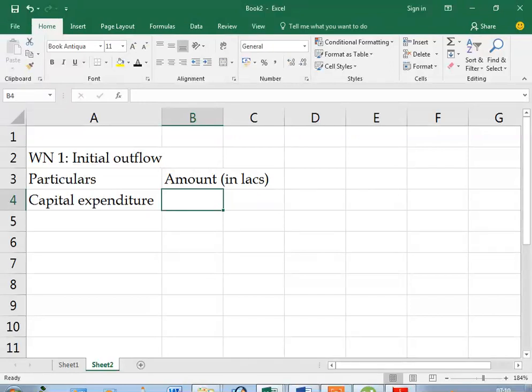How much is the capital expenditure? 120, no? That is third year, so you cannot write it in year 0. That's a third year cash flow, so we will not write it here. Capital expenditure is minus 120.